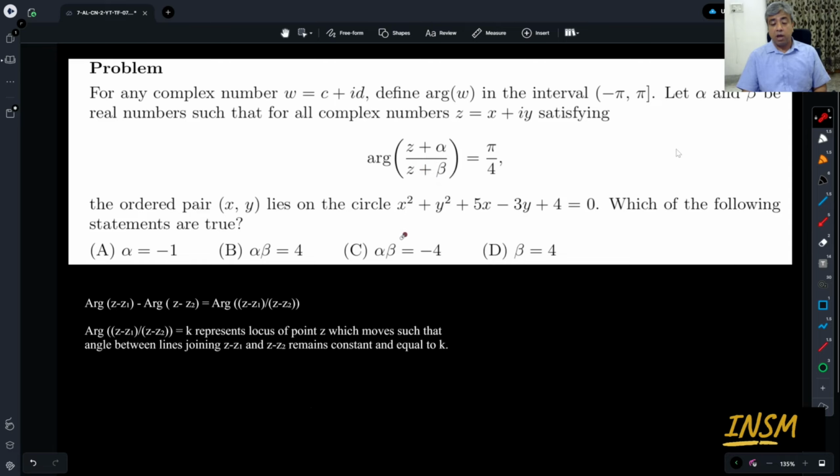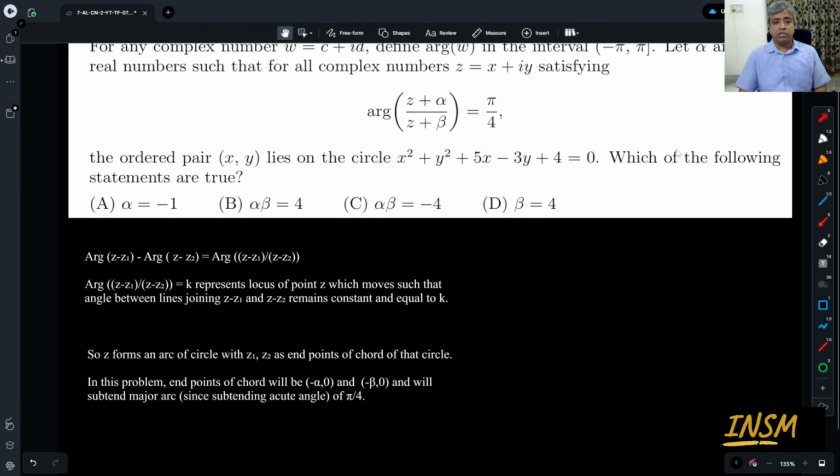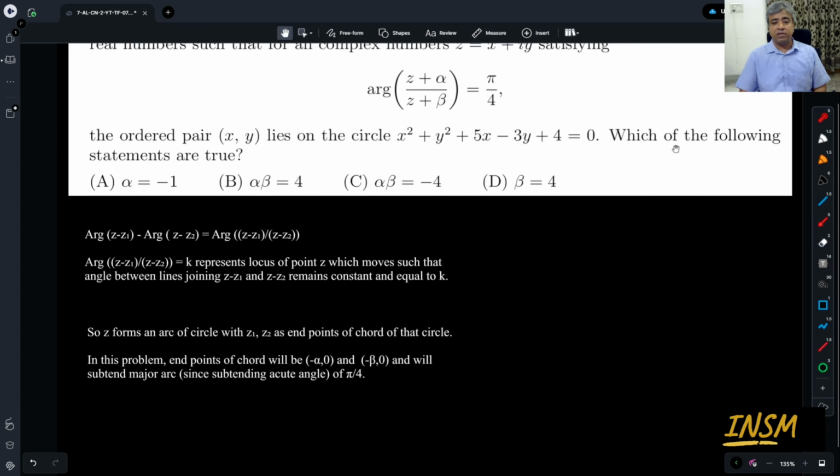Now what does this locus represent? This locus will represent an arc of a circle, so z forms an arc of a circle with z1 and z2 as endpoints. Because we know that in a circle the same chord subtends the same angle at every point on one arc of the circle.